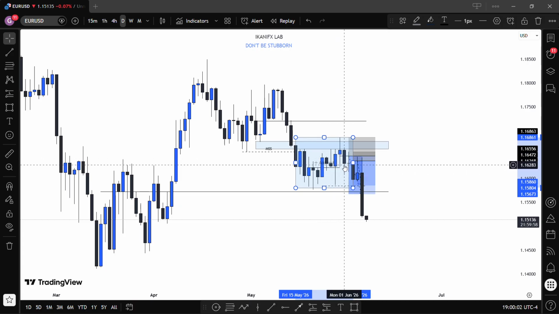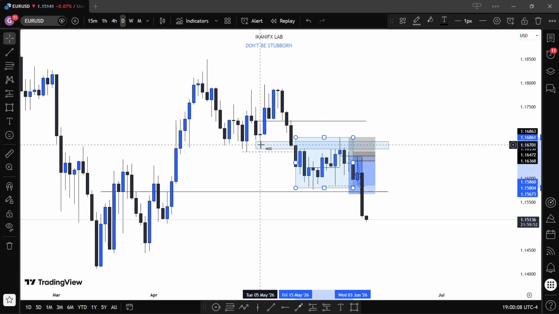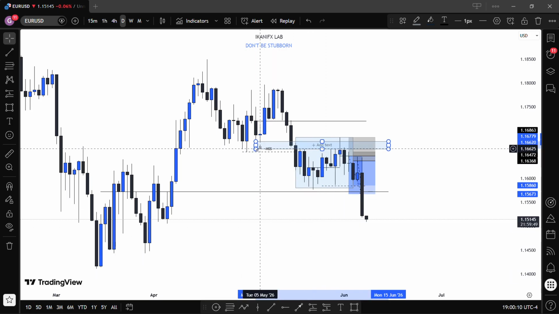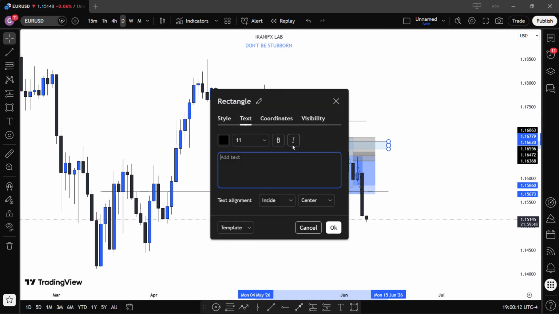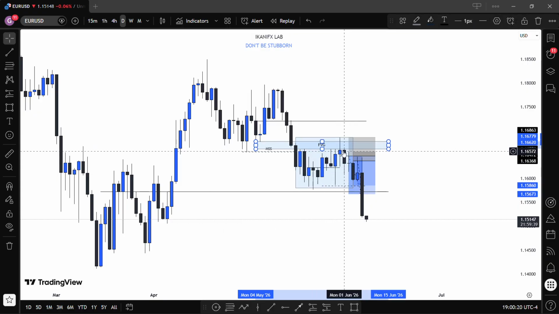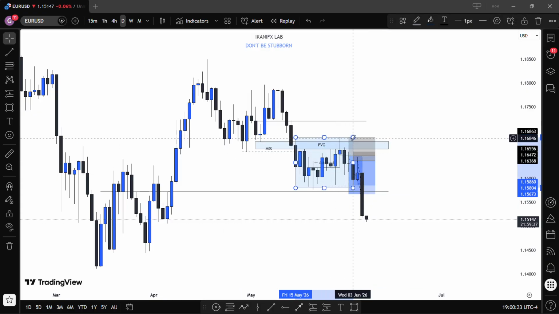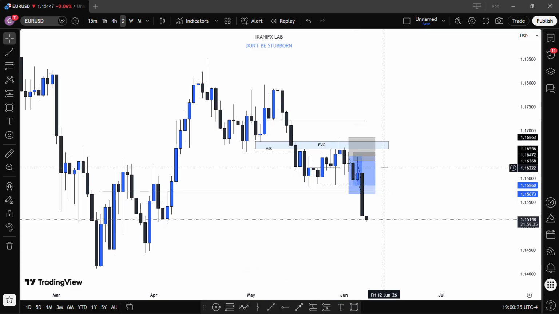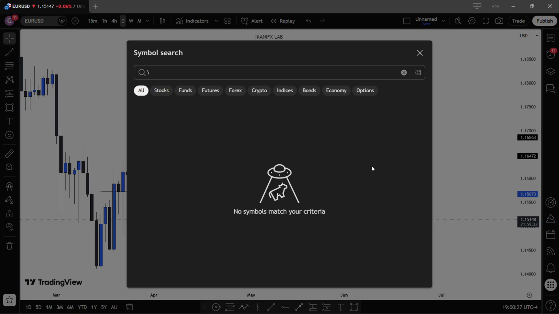For 11 good days the market consolidated, and then finally we saw after it rejected this weekly zone, that's this guy over here, this weekly zone, a weekly fair value gap. After the market rejected it, we saw that the market violated. Let me just quickly delete all these stuffs.